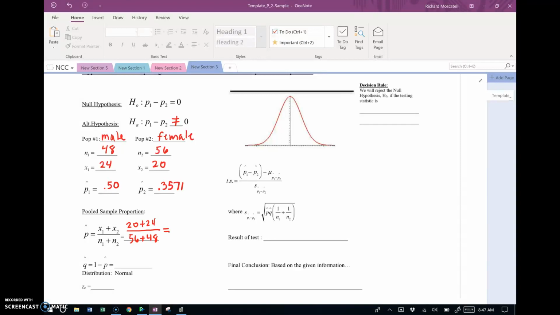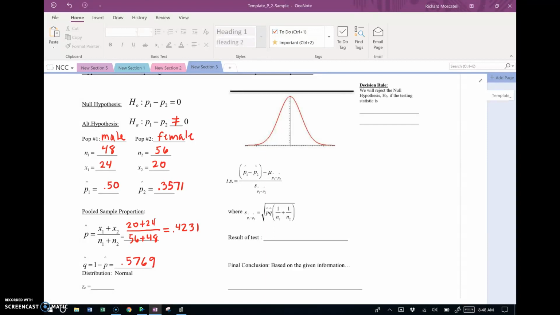I'm getting approximately 0.4231, and therefore q hat, the pooled proportion that do have a credit card, is 0.5769. These are all the sample statistics that we're calculating to perform the hypothesis test.